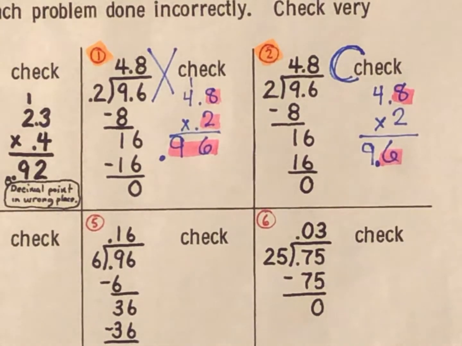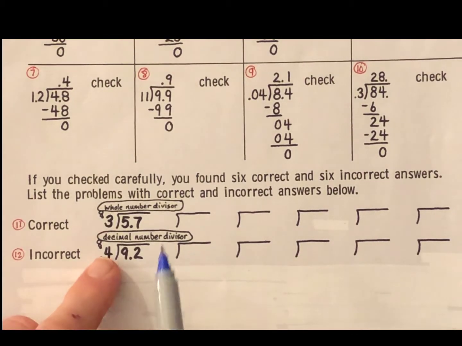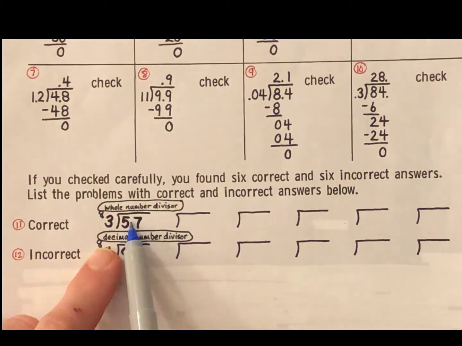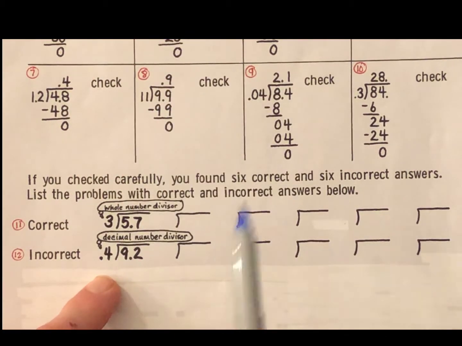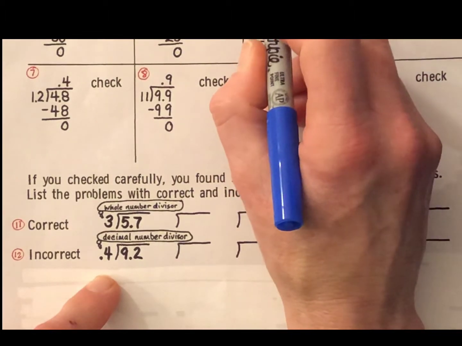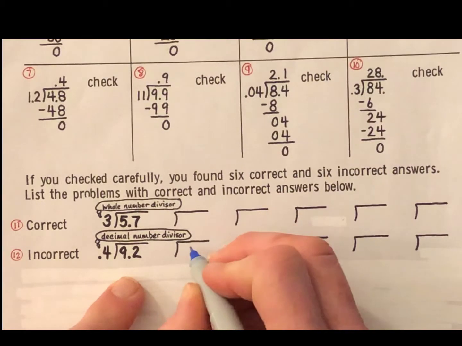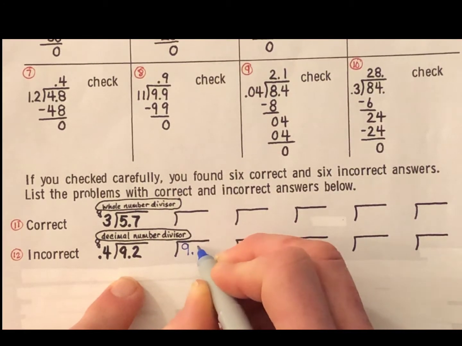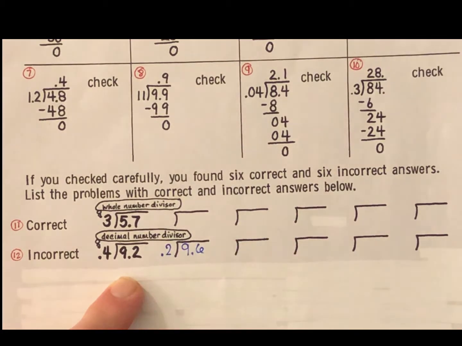What you'll do down at the bottom is write the problems that are correct and incorrect. They put their correct one up here. They put the incorrect one here. So that's what I'm going to do. The incorrect one was 9.6 divided by 0.2. So 9.6 divided by 0.2.